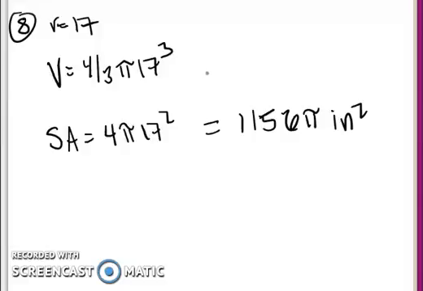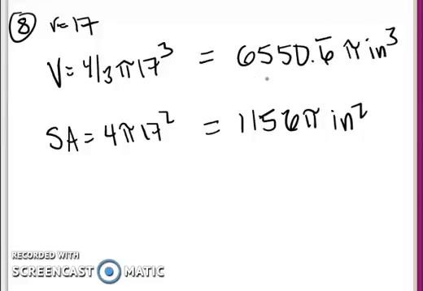And this one's going to be, again, finding where that third power is going to be really important. So we get that 4,913 times 4 divided by 3. And for that one, we're going to get about 6,550.6 repeating pi. And that's going to be in cubic inches. So there's our two answers. For that one, I was just basically plug it in.